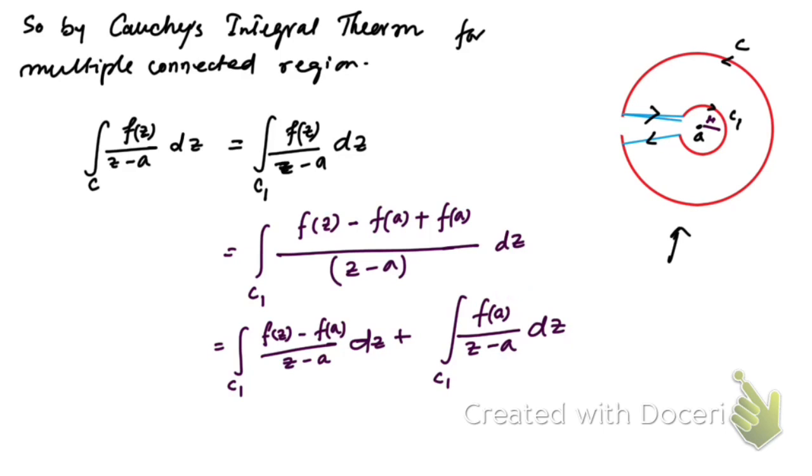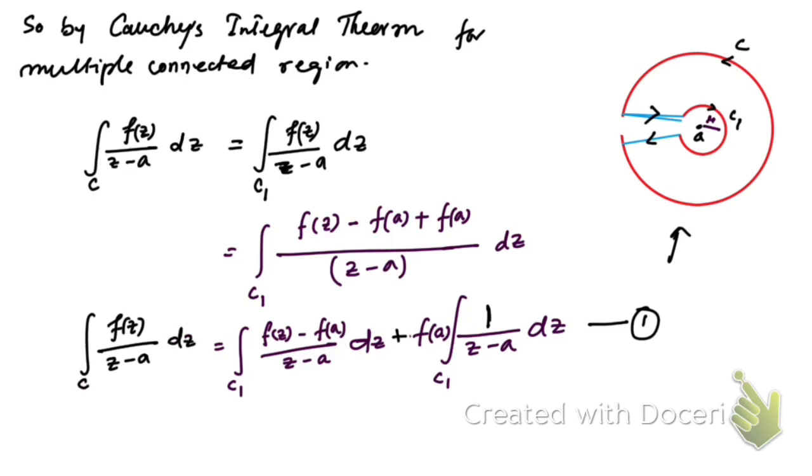That's why we can write it here, right? So let me write it properly: f of a times the integral over c1 of 1 by z minus a dz. This is equation number 1, right? On the left hand side we have the integral of f of z by z minus a dz.